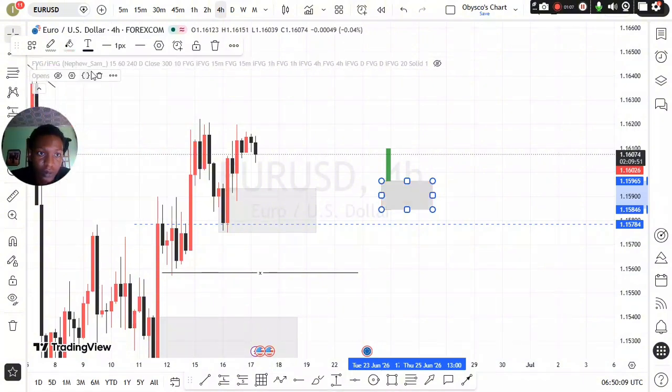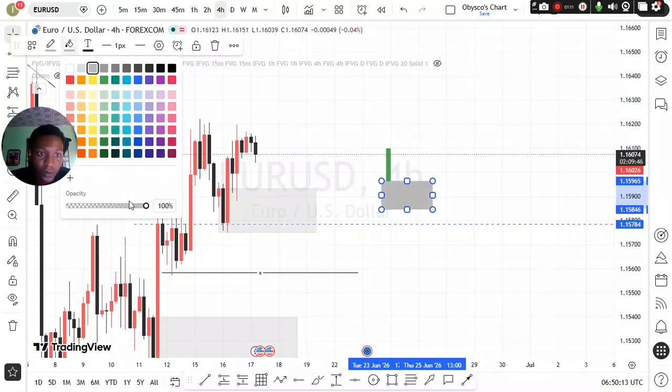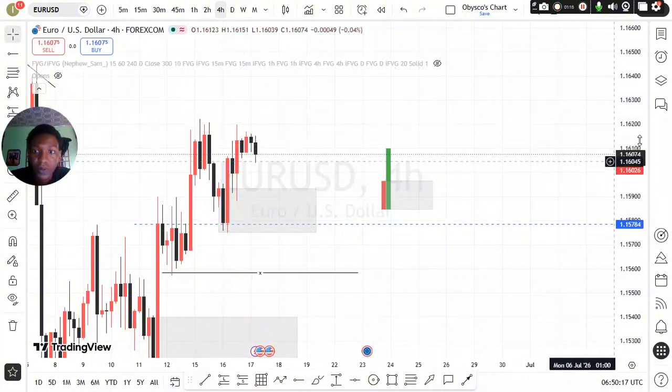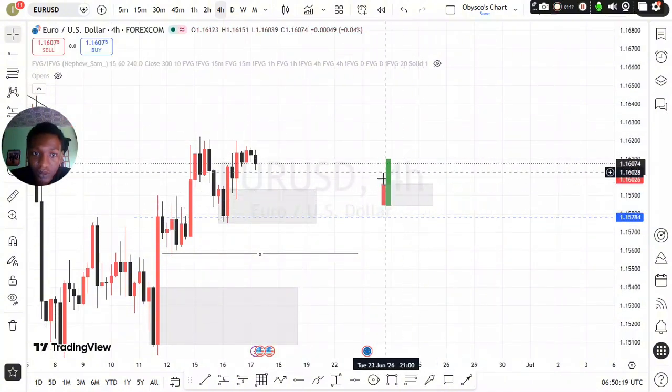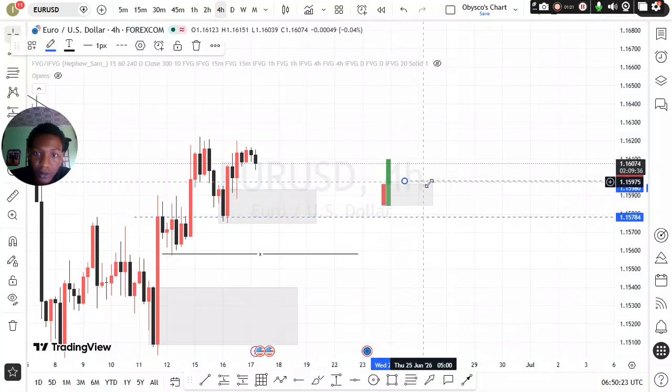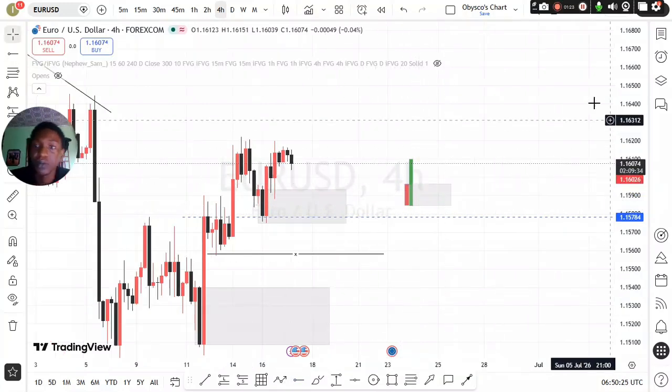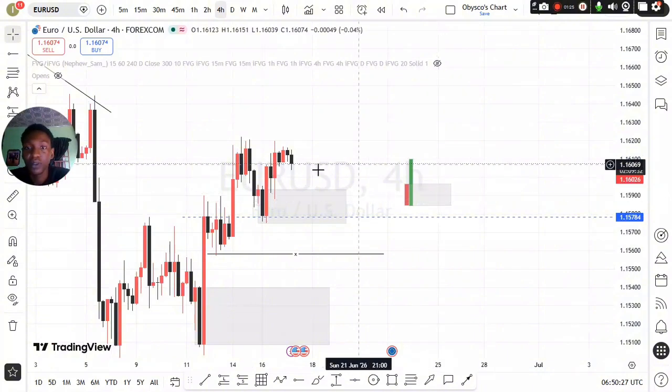Then also reduce the opacity. So most times price will just come to this order block and just continue up higher, because that is a very strong order block formation. So yeah, we get the point now.